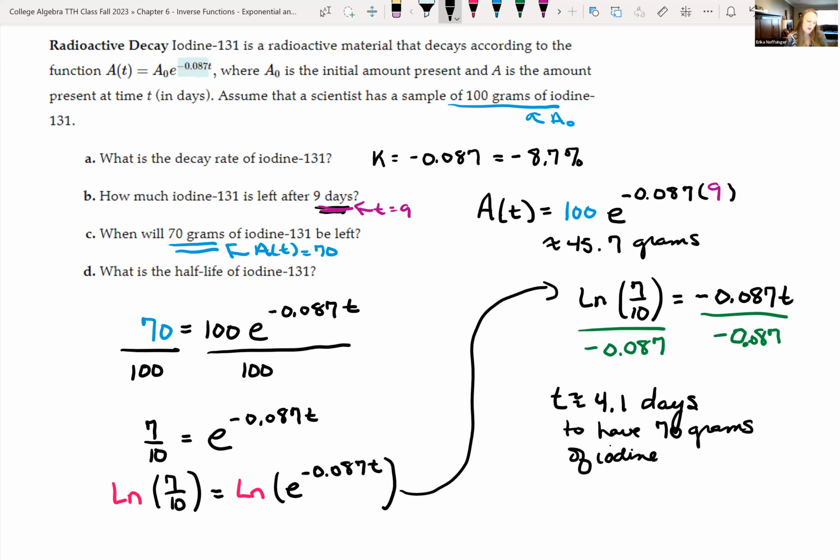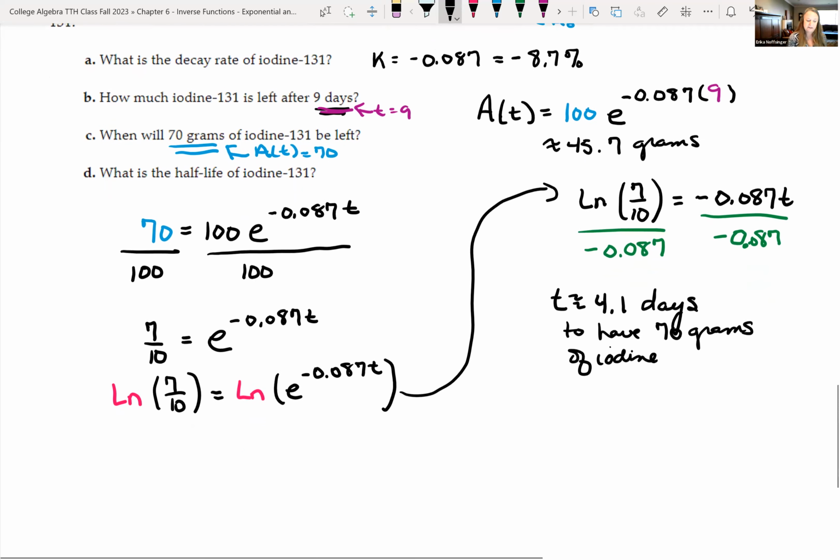And then the last one, what is the half-life of the iodine? Well, half-life is how long it takes for our initial amount to reduce to half of its amount. Our initial amount was 100, and so we want to know when that amount is going to be 50.